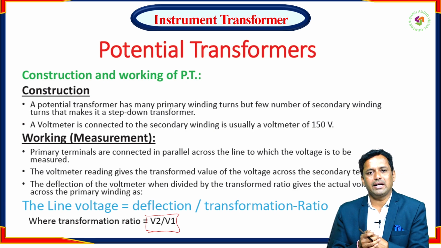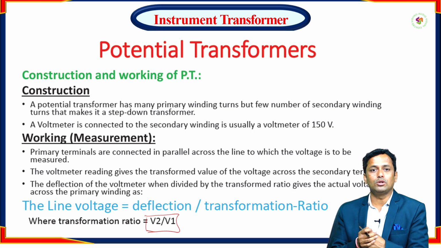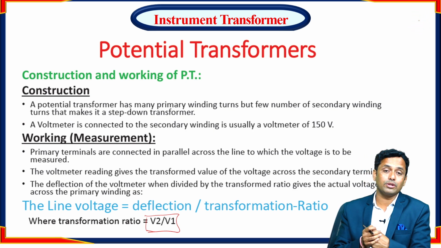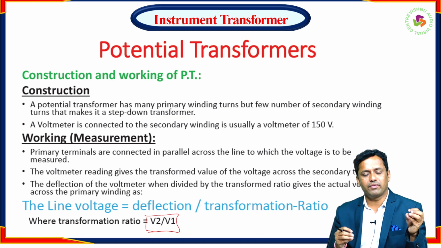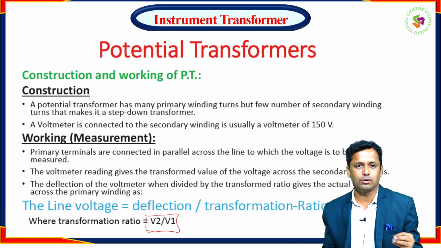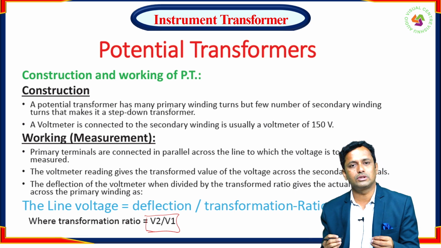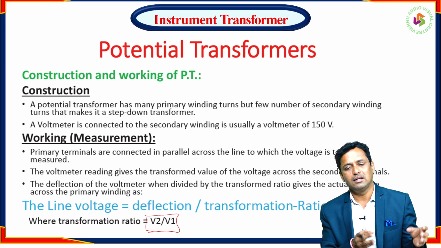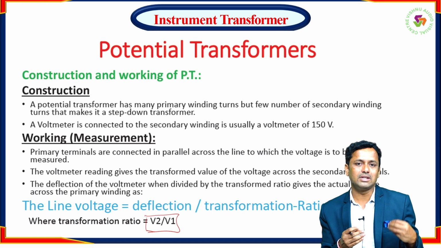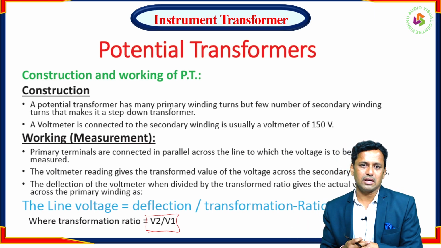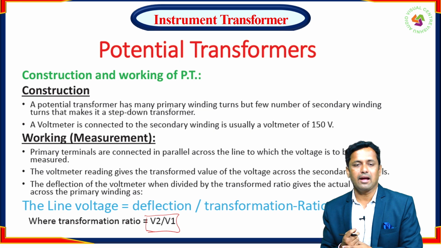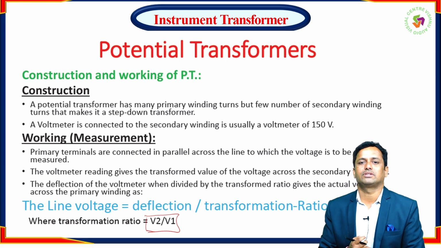In BVRIT we utilize around 4,000 units per day in the campus, with 350 kVA transformers. So we have to use CT, PT and also relays to protect the transformers. These are the major important roles of CT, PT and relays in protecting electrical power systems.